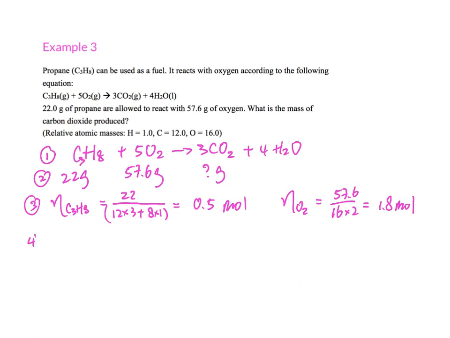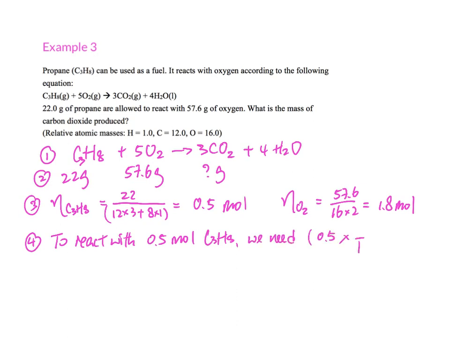And then step 4, the statement: to react with 0.5 mole C3H8, we need 0.5 divided by 1 times 5, so we need 2.5 mole O2.